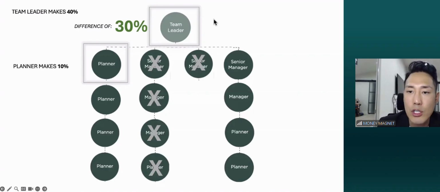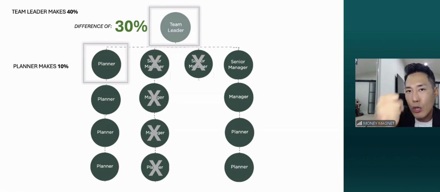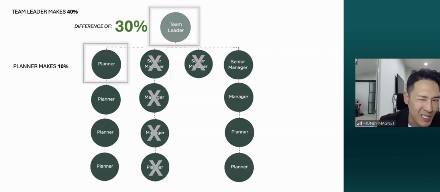They have their 3 senior manager legs, and this team leader sponsored a brand new planner and is building a brand new open line, a brand new team leader group. So this is a brand new leg that this newly promoted team leader sponsors. Let's take a look at how this differential payout actually works.